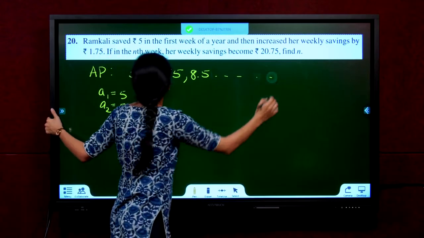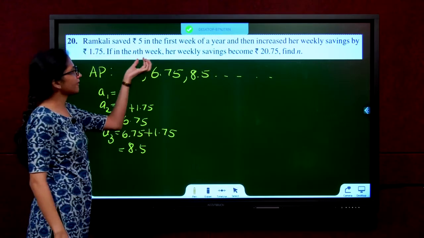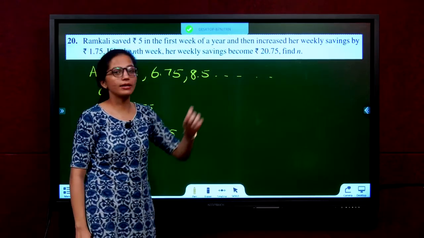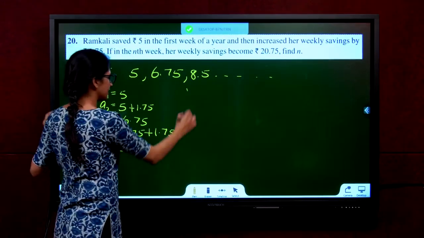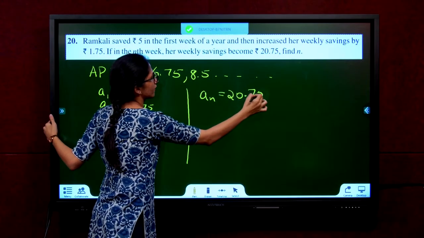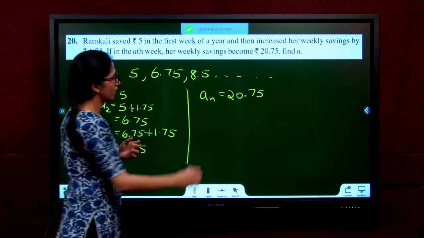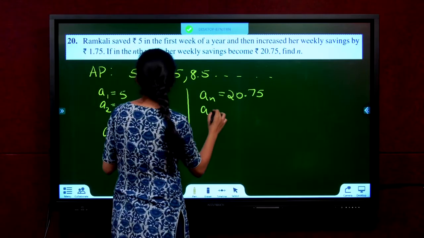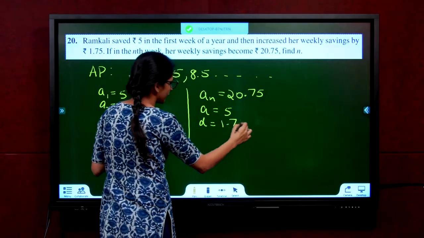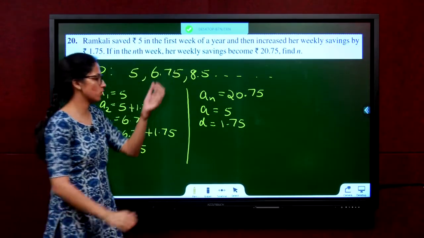Now, this will go on. In the nth week, her weekly saving became 20.75. And some nth week AN was found to be 20.75. Find N. You know AN is 20.75. What is A? Starting with 5. And D obviously is 1.75 because you're adding 1.75 and going.